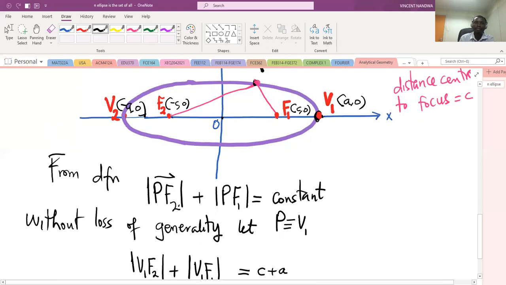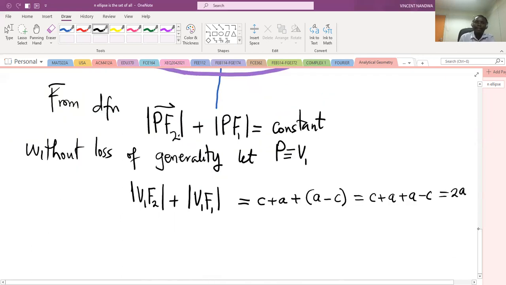And then V1F1, from here to here, I simply count the distance from the origin to this point, which is A, and subtract the distance from the origin to this point, which is C. So therefore, it will be A minus C. And this will be C plus A minus C, and this gives me 2A.